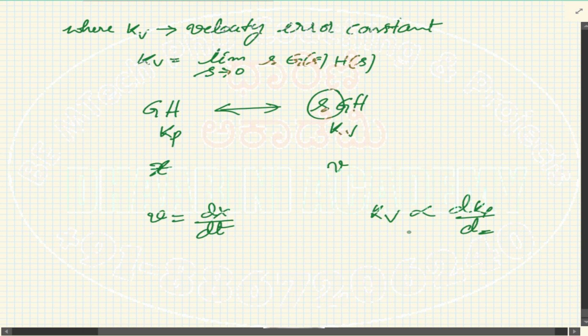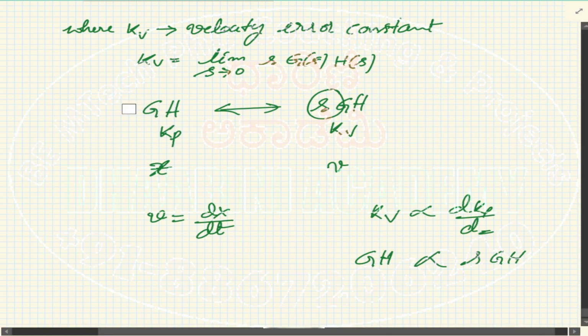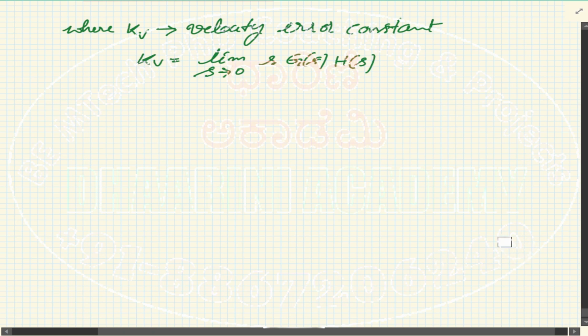If this is gh, this should be s into gh. There is no physical movement, no physical velocity, just a relationship. So if this is displacement and the other one is velocity, then there should be a multiplication of s in the s domain. That's the only reason why it's called by this name.